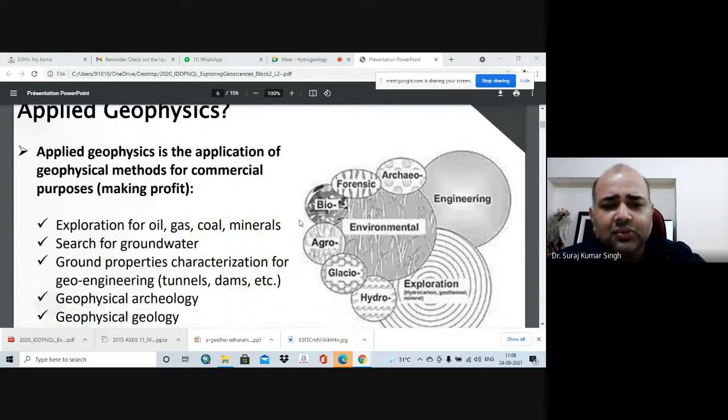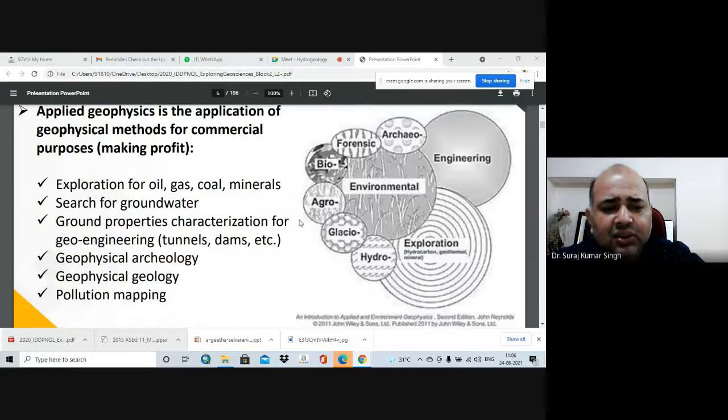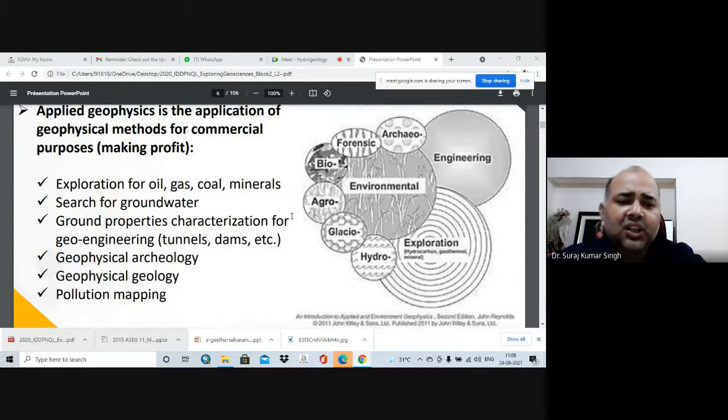When it comes to geophysical investigation, you will be using these methods for various kinds of oil, gas, coal, and mineral exploration. That's why, if you do a master's program in geophysics from BHU or another institution in India, you get a salary structure that ranges from 50 lakh to 20 lakh rupees per annum, because you are an expert in oil, gas, coal, and mineral exploration, and exploration involves economic cost.